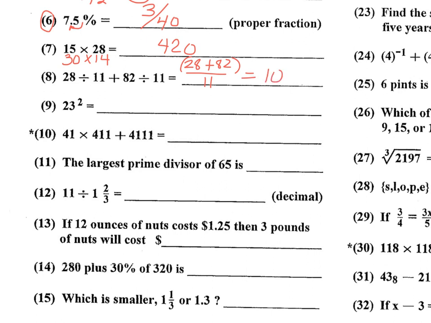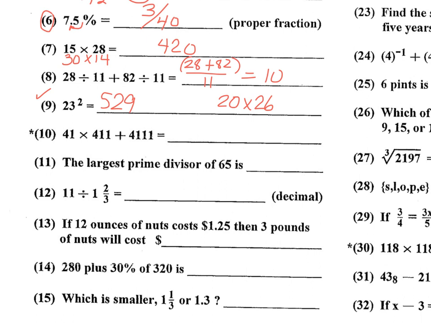Okay. Number 9 is 23 squared, which is 529. You should probably memorize this. You see that quite a bit. If you don't have your squares memorized, you can go down 3 units, that would be 20, and then go up 3. 23 plus 3 is 26.